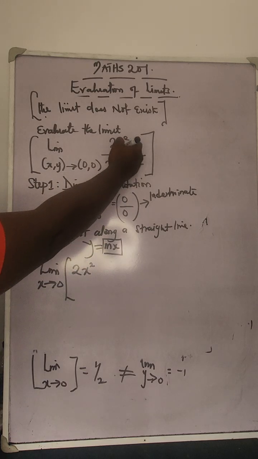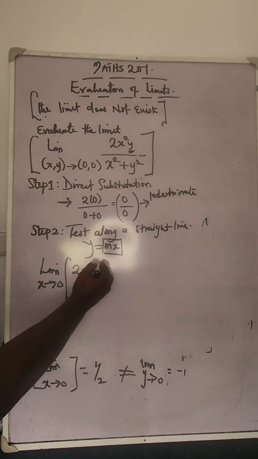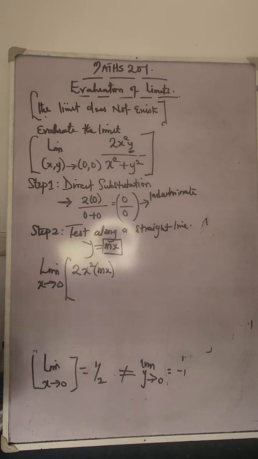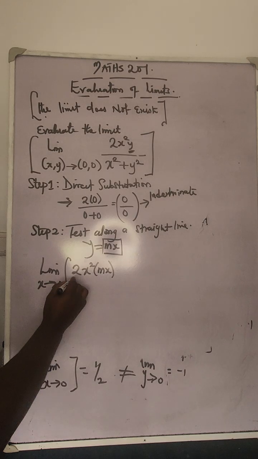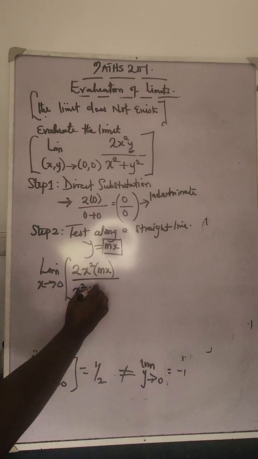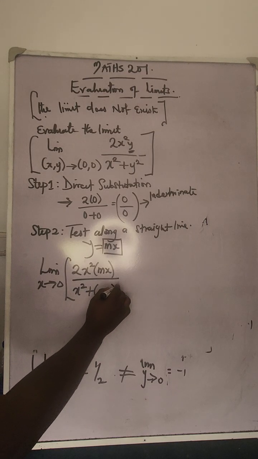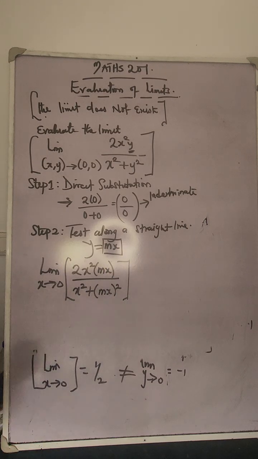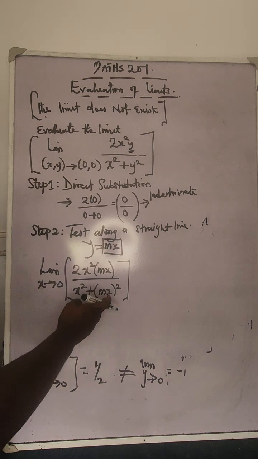I'm supposed to see y here, so I'm going to replace it as mx, over x squared plus mx, all squared. Did you see that? What I just simply did is to replace y to be mx.